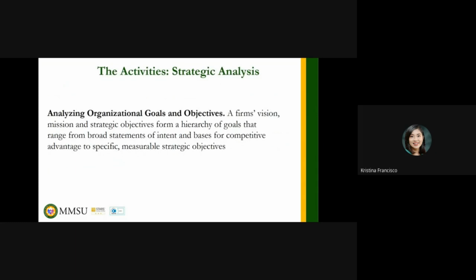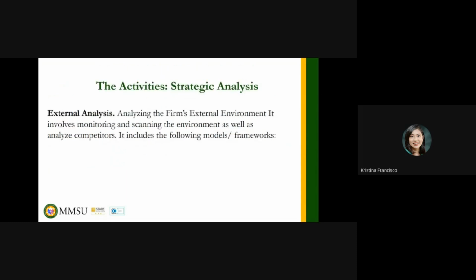Okay, so under analyzing organizational goals and objectives, a firm's vision, mission, and strategic objectives form a hierarchy of goals that ranges from broad statements of intent and, of course, basis for competitive advantage to specific, measurable, and strategic objectives. Again, we mentioned a while ago your external analysis.